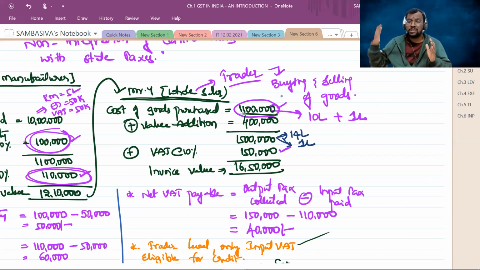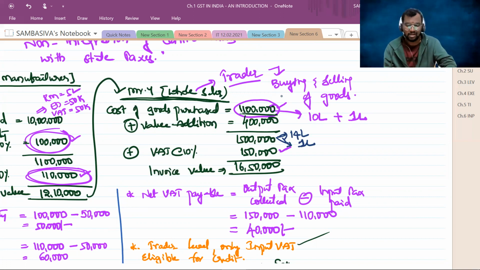Once the goods cross the manufacturer's stage, excise duty is not allowed as credit to anyone else. Right? So for the wholesaler, excise duty is not allowed as credit, so he will simply add it to the cost of the product. When a particular tax is added to the cost of the product, there comes double taxation. Cascading effect of taxes comes into the picture.